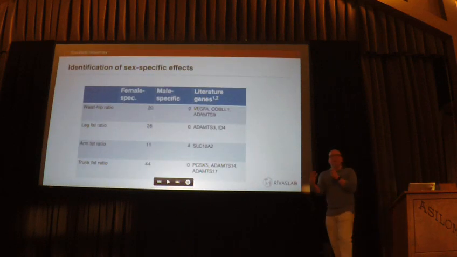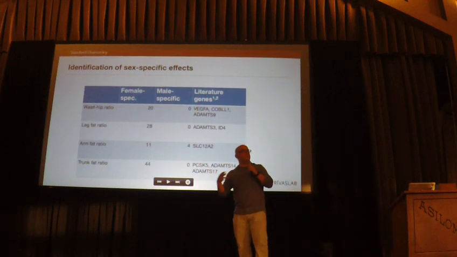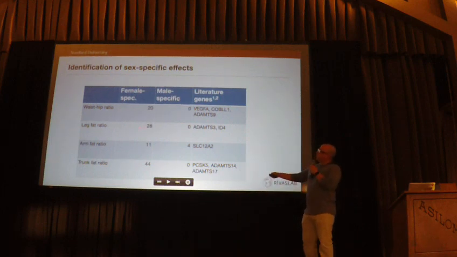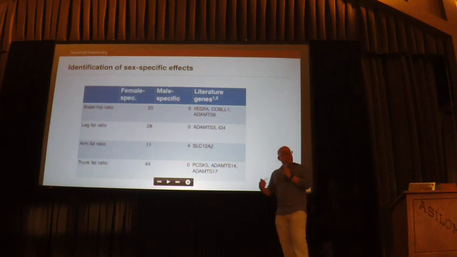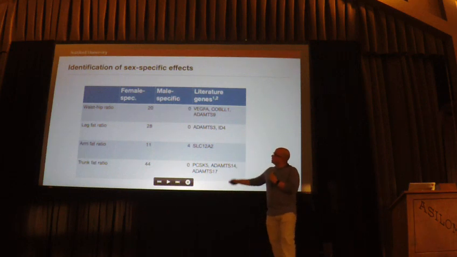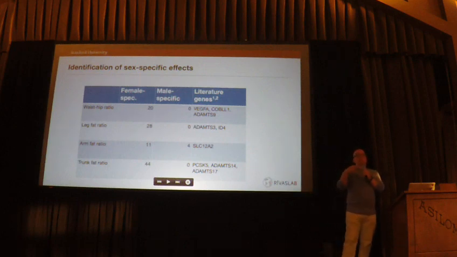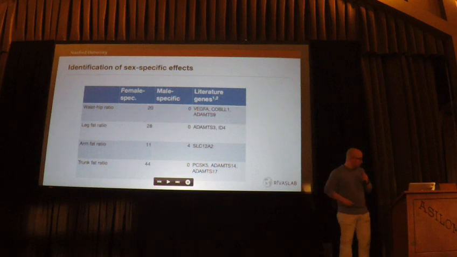Just to get a tally of how many sex-specific genetic effects we identify across the genome in this very large cohort, for waist-hip ratio, leg fat ratio and arm fat ratio, we've identified over 50 genetic variants that have sex-specific effects. In the context of males, we've only identified 4, but it's quite exciting to move this forward and share that with some of our biologist friends.